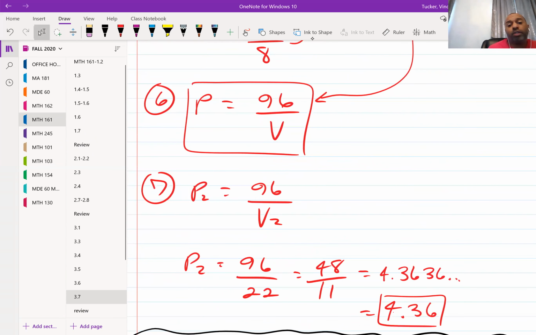So plug in 22 for V. 96 divided by 22 will be 4.36. Questions?